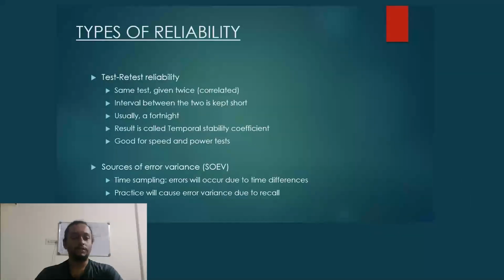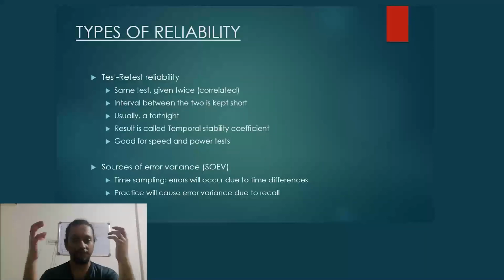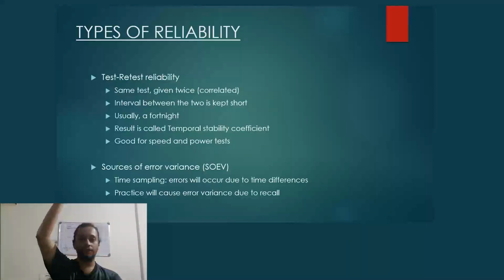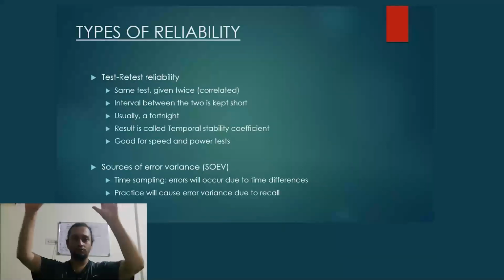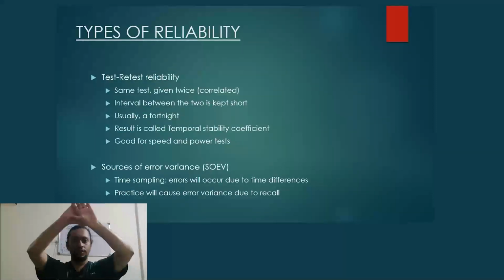Now there are different types of reliability. The first and the most often used one is test retest reliability, right? This is where you test the same test over two different time points. So the same test is given twice and then you find the correlation of scores. If you give it to 100 people, you'll find 100 scores for time A, 100 scores for time B, and then you correlate how often they are scoring similarly, right?